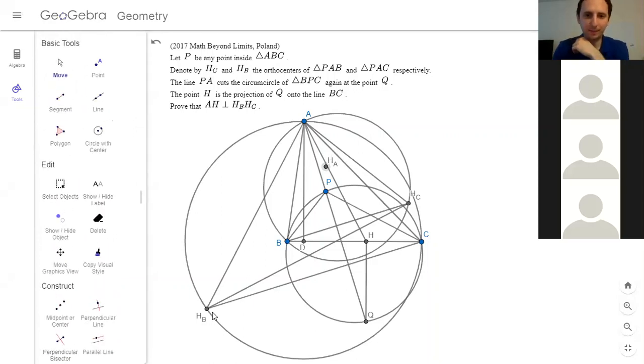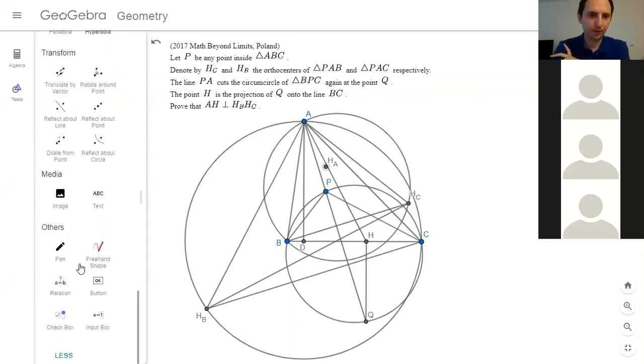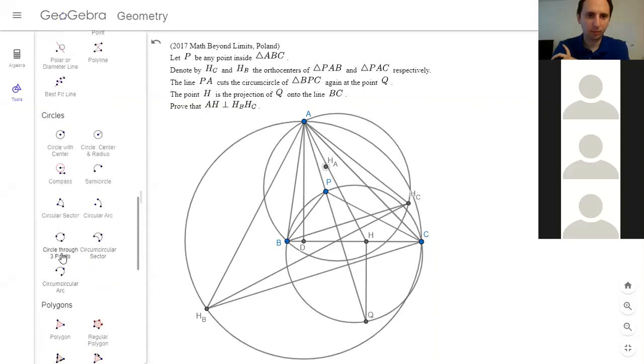There's some fact about these three orthocenters. That almost looks like it passes through the foot of the altitude. Let me check it for the others.